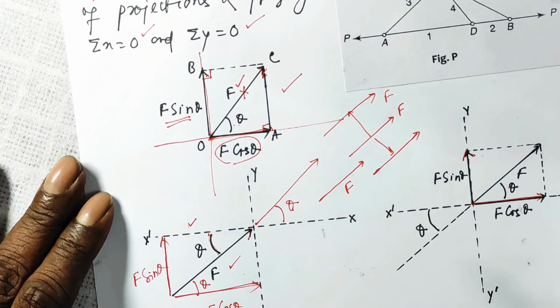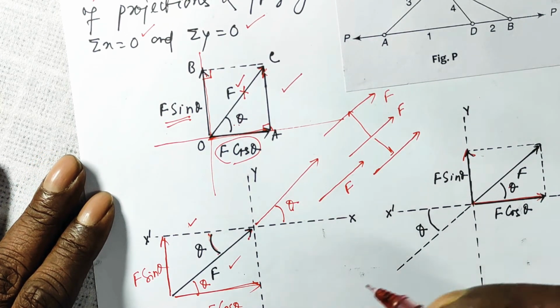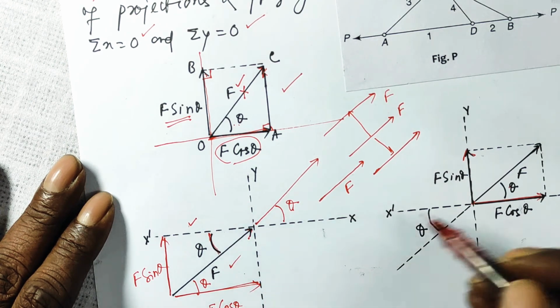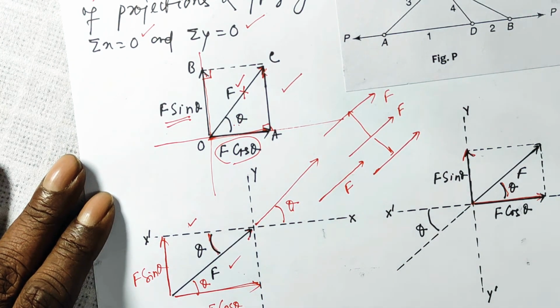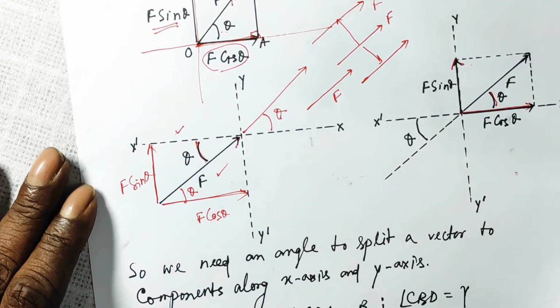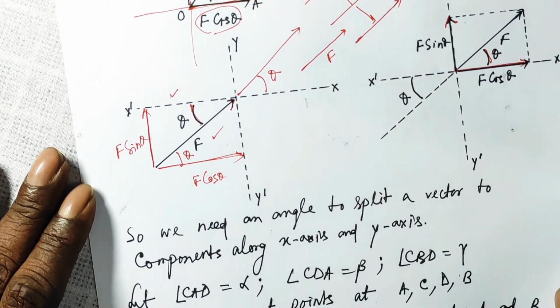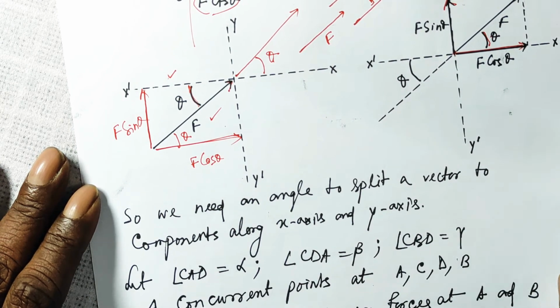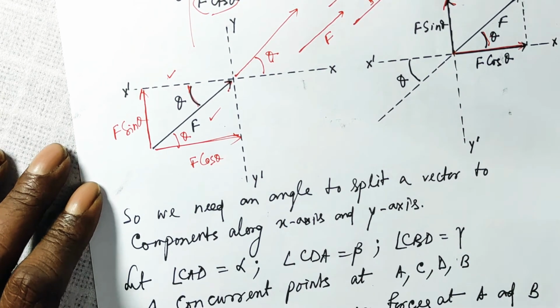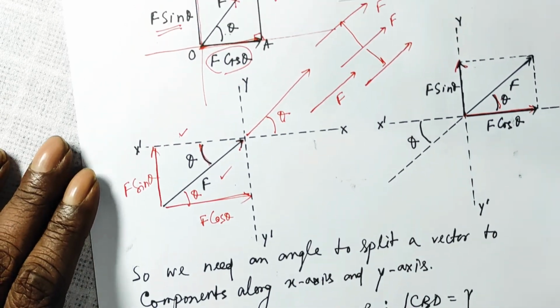Now, since we are applying the method of projections, we need to have an angle like this or like this, so that we can split the given vector into rectangular components, one along the x-axis and the other along the y-axis. Then apply sigma x is equal to 0 and sigma y is equal to 0.